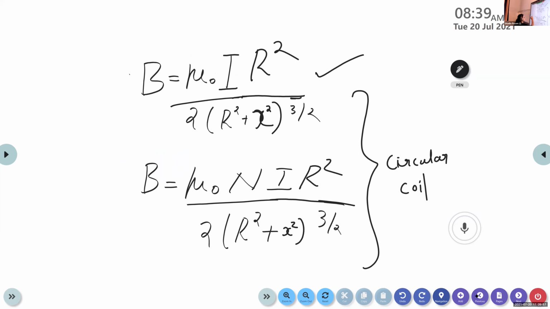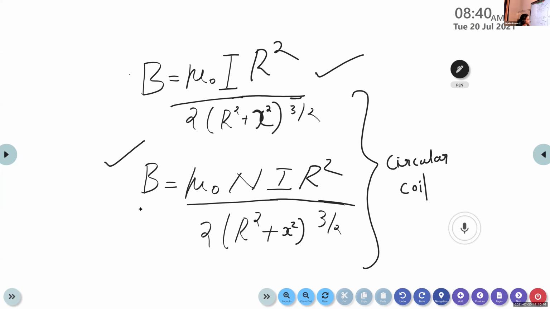Here we derived the magnetic field for the entire circular loop. But in the present case, we are considering the magnetic field produced at the point P due to a small segment dx, and that small segment dx produces a small magnetic field. So it is given by dB.